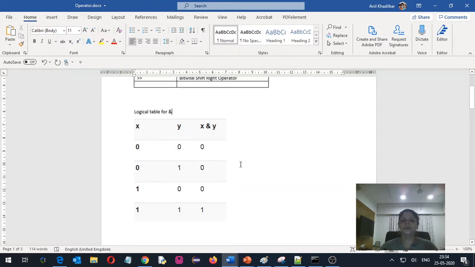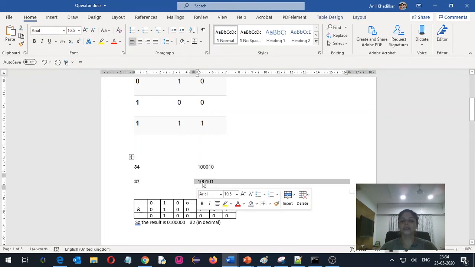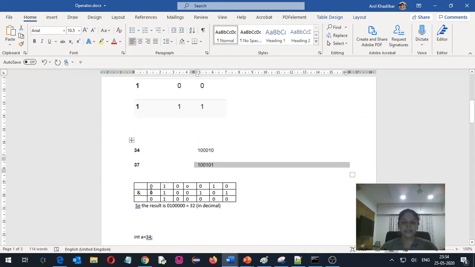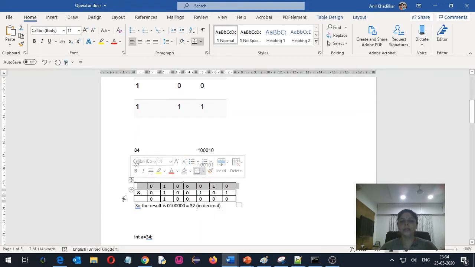Now if you want to use this operator, imagine that we have a number 34. This is its binary representation, and we have the number 37. This is the binary representation of 37. Now if we write 34 in this row, and 37 in this row, and use bitwise AND, then you can see that 0 and 1 is 0, 1 and 0 is 0, 0 and 1 is 0.